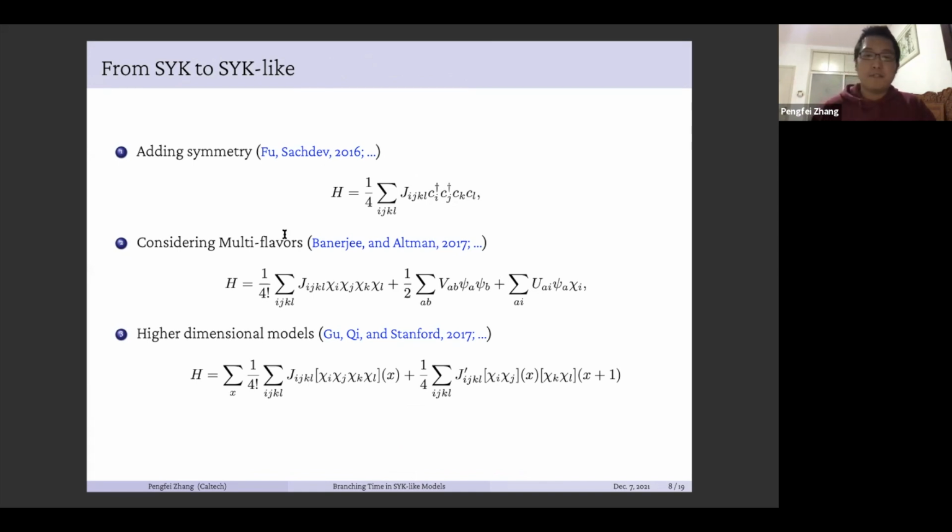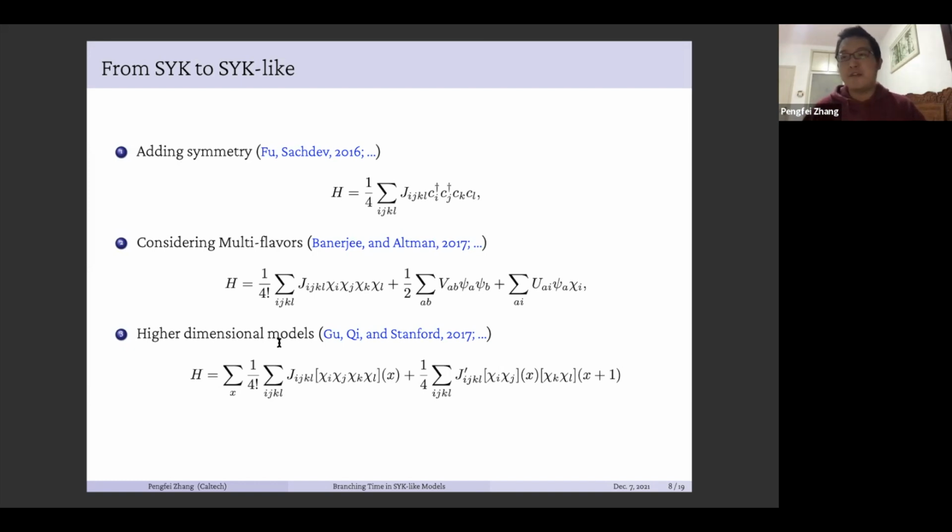For example, we have chi fermions, which is the SYK4 model, and psi fermions, an SYK2 model. Then we can couple them using some random hopping, and there can be interesting transitions or crossovers for such models. It's also possible to introduce some higher dimensional generalization of the original SYK model.